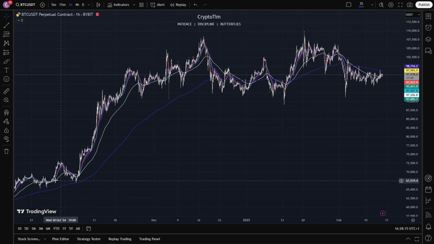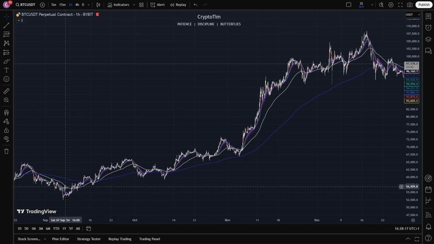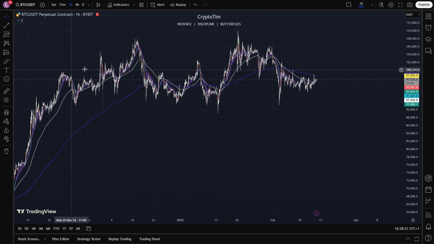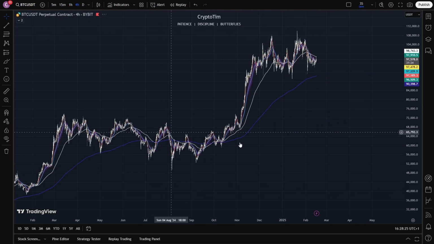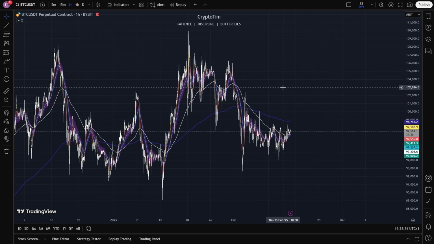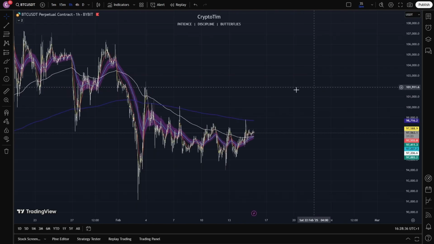Let's just zoom out. Also here we see on the 1 hour time frame, our 800 EMA is acting up. So it really depends on what time frame you are on. On the 4 hours, it will be more the 200. Well, on the 1 hour, it's already our 800 EMA. So very much dependent on time frames.